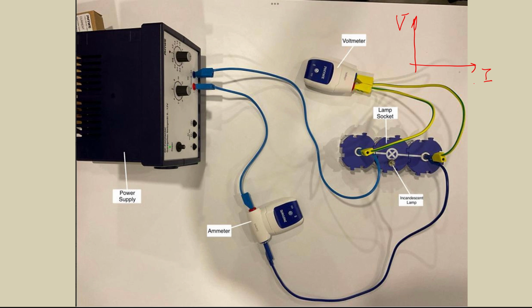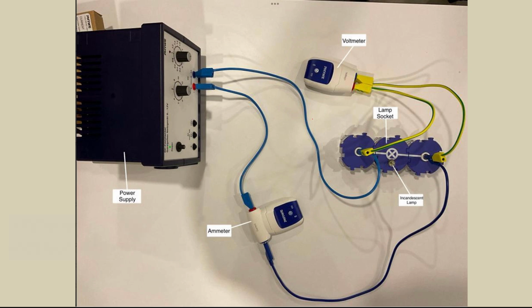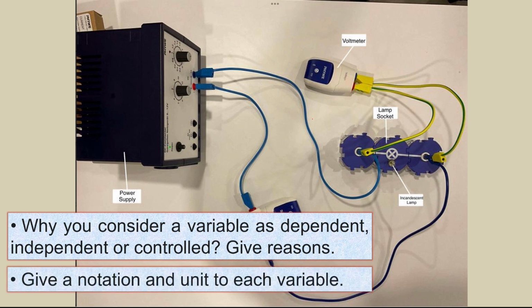Anyway, she applied a power supply and connected it in series with a meter, and then the current passes through the incandescent lamp and goes back to the power supply, and here she had a voltmeter to measure the potential difference. In this type of experiment, please tell the reader why you consider a variable as dependent, independent, or controlled. Give reasons. And the other is to give a notation and unit to each variable.